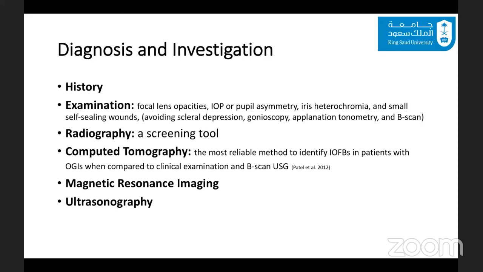Radiography, in the form of X-rays, is considered a screening tool, but the gold standard is usually the CT, or computed tomography. Usually the radiologists tend to do a bone window with the CT, and this will help you in identifying metal objects. But when you are suspecting less radio-opaque material, you should ask for a soft tissue window.